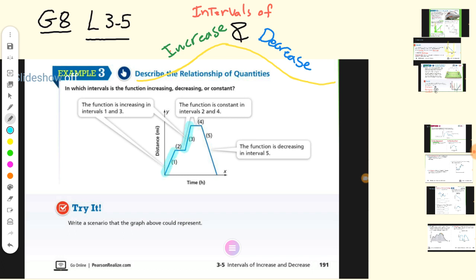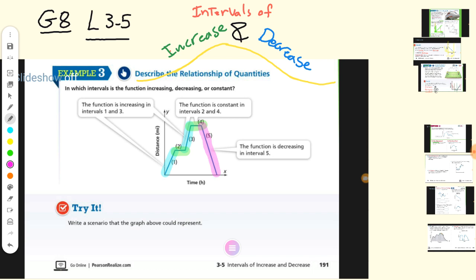In 1 and 3, it's going up, but in 2 and 4, it's constant. And in 5, it's going down, it's decreased. So it's increased in interval 1 and 3, constant in interval 2 and 4, and decreased in one interval, which is interval number 5.